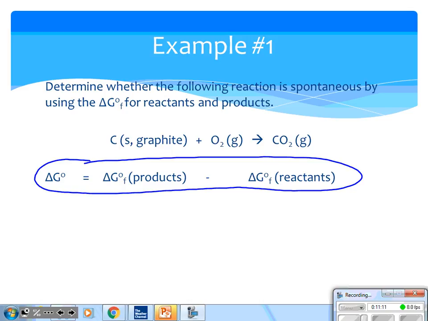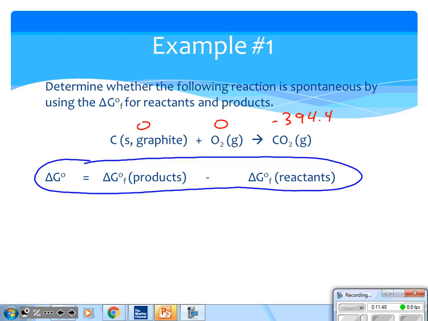So I find carbon dioxide is negative 394.4. My graphite and oxygen both have delta G numbers of 0. So go ahead and find graphite. It's on the front page of your new chart. Go ahead and find oxygen. Both of those values are 0.